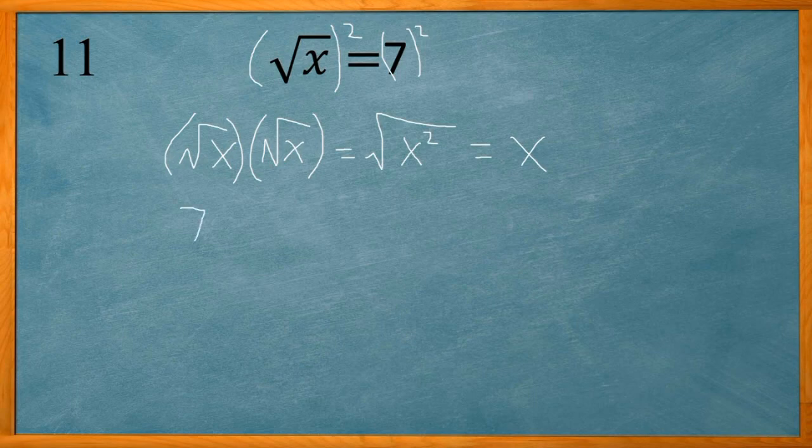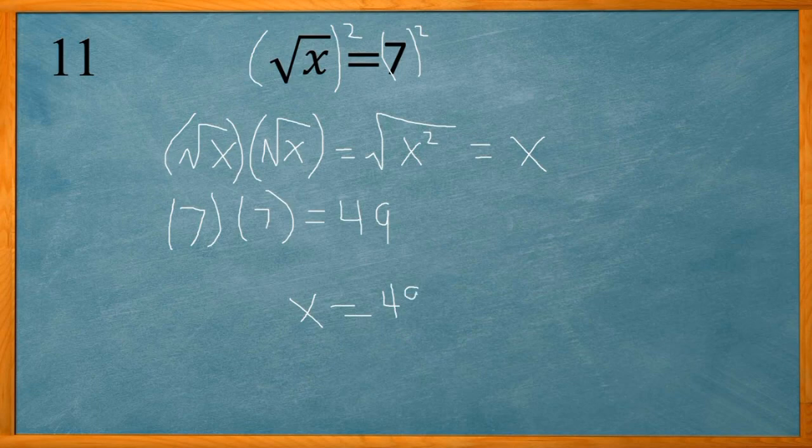And when you square the 7, 7 times 7 equals 49. So now we have x equals 49.